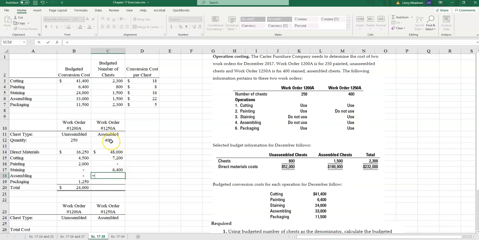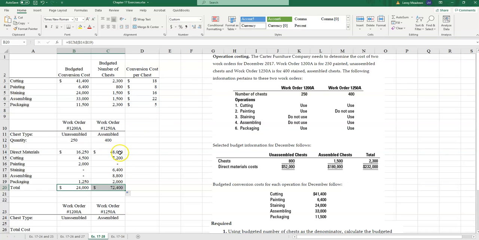So I'll take my 400 units that need to be assembled and multiply that by my conversion cost per chest of $22, and I will have $8,800 worth of conversion costs allocated to work order 1250A. And then finally, packaging. These individual units will need to be packaged. So I'm going to take my 400 units that need to be packaged and multiply that by the conversion cost per chest for the packaging operation, and that will give me $2,000.